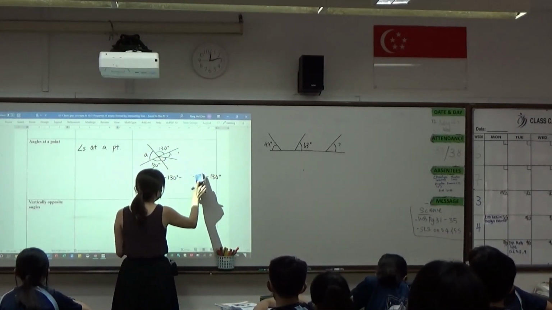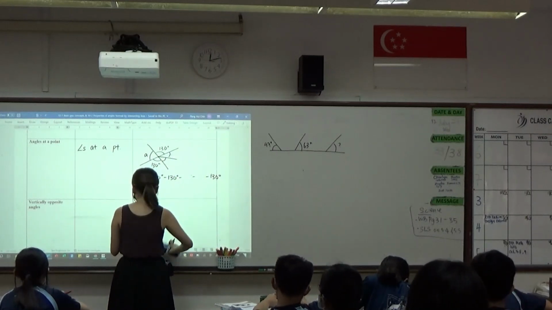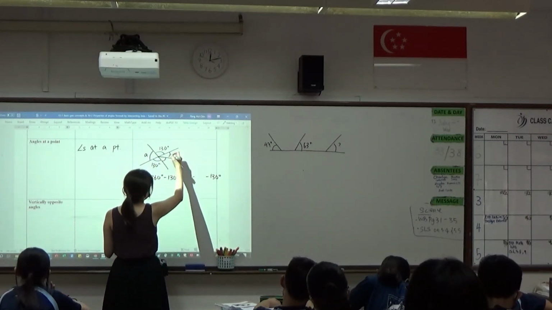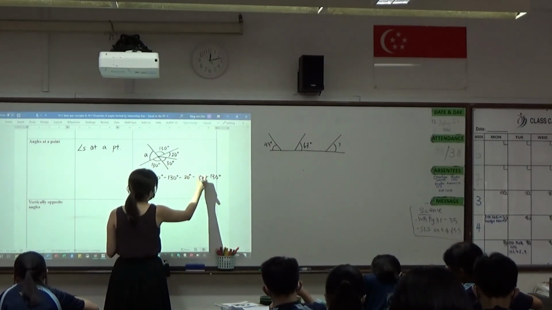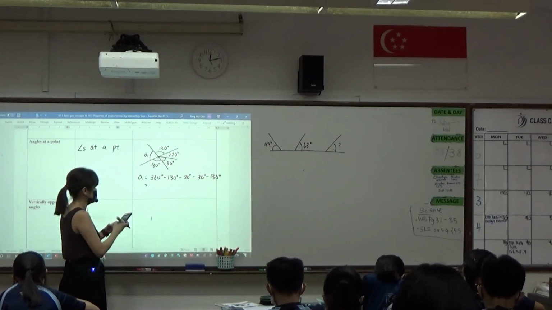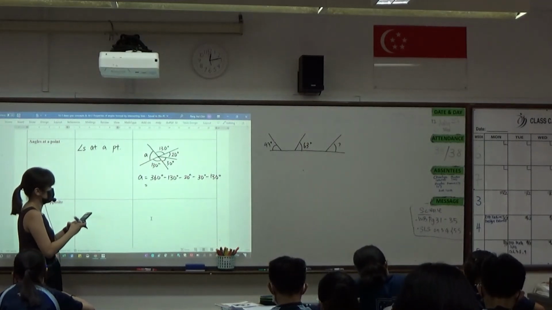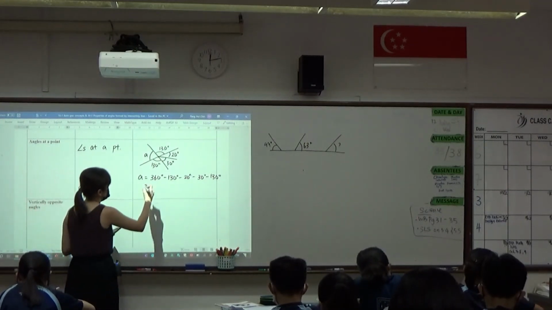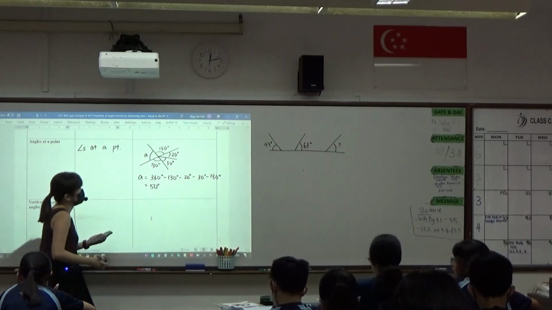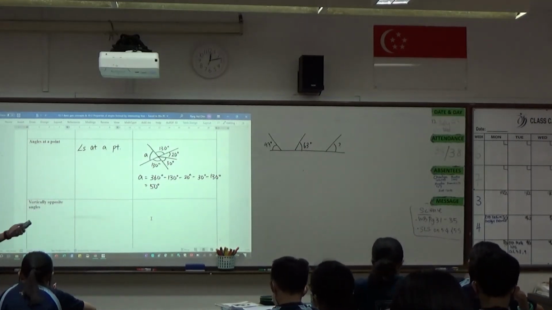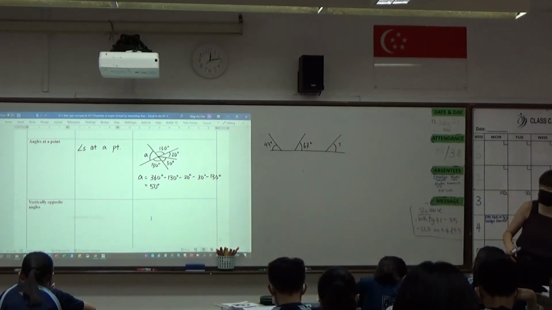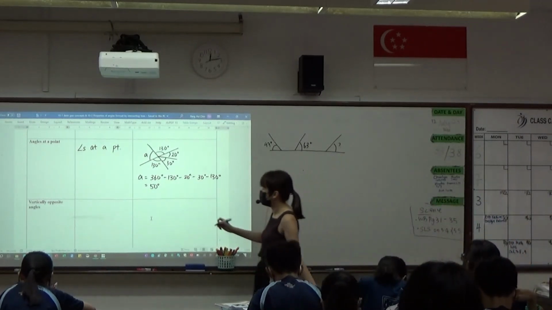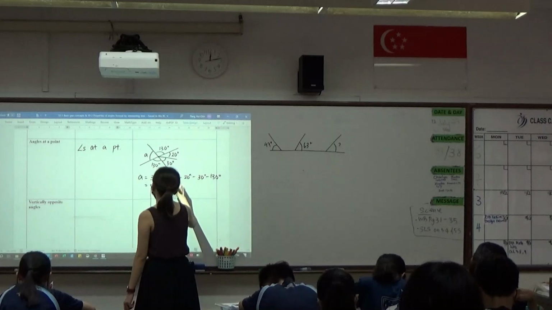Let me just change a bit. Sum like that, I do a subtraction in this manner. This is where I am applying the property angles at a point.